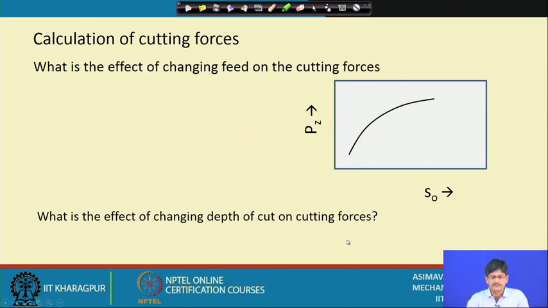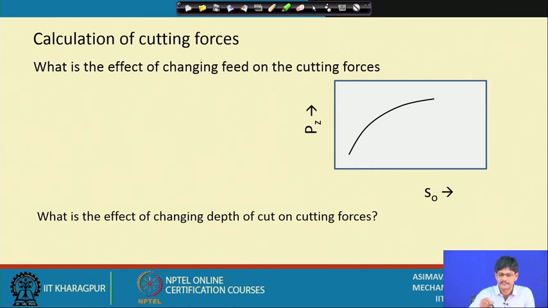What is the effect of changing feed on the cutting forces? If the feed value is changed, if we go from low feed to high feed, even by pure guess, a student can say that yes, the cutting forces are going to increase. But let us see in what way.